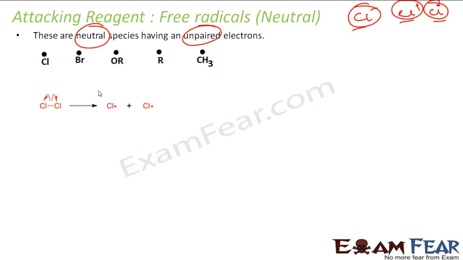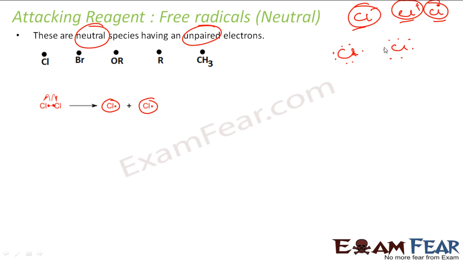Since we have to talk about free radicals, let's see the chlorine bond breakage now. If the chlorine bond is broken, this bond comprises two electrons, and each chlorine gets its own electron. So you get two chlorine radicals. Chlorine has 7 electrons, so to form a bond it shares electrons with another chlorine in a covalent bond.